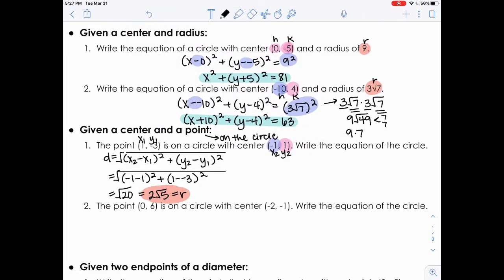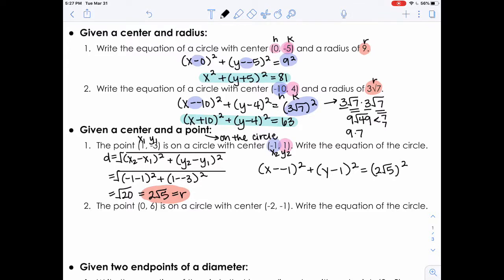And then plug those all into my equation of a circle formula, which is x minus x1, which in this case is x2, sorry if that's confusing, plus y minus y2, which is 1 squared, equal to the radius squared. So 2 root 5 squared.